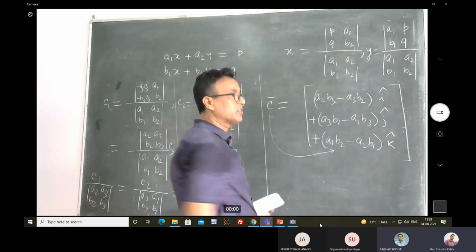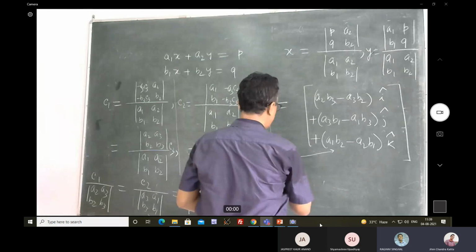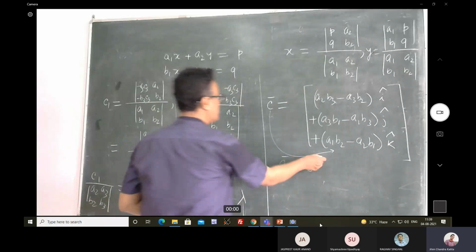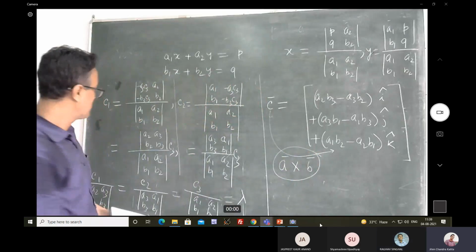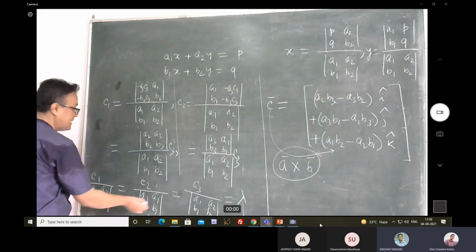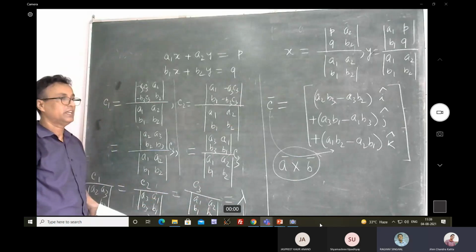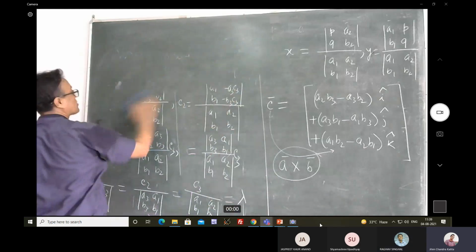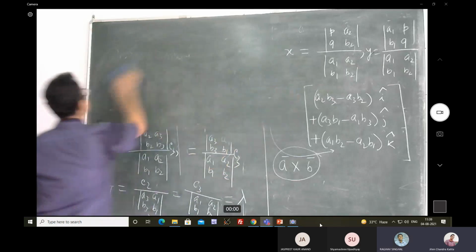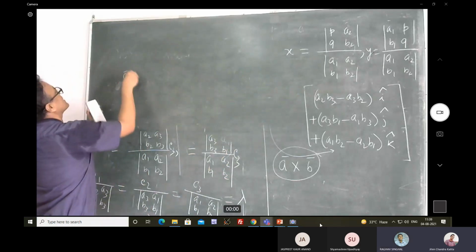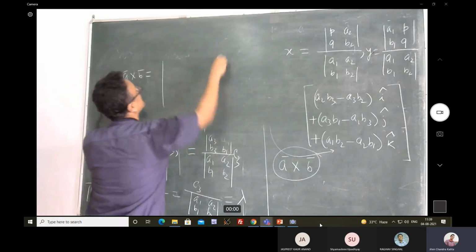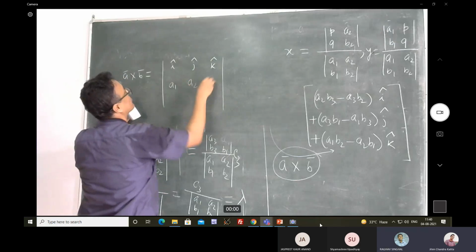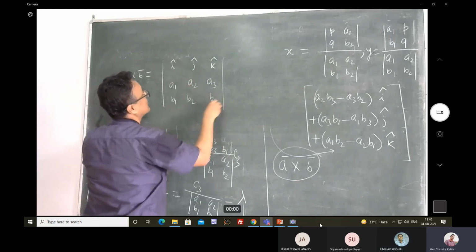So this vector C is called the cross product or vector product of the two vectors A and B, and it is simply denoted by A cross B. Now, because I have already expressed them in terms of determinants, you can easily see that the cross product of A and B can be expressed in this form: I, J, K, and then A1, A2, A3, B1, B2, B3.